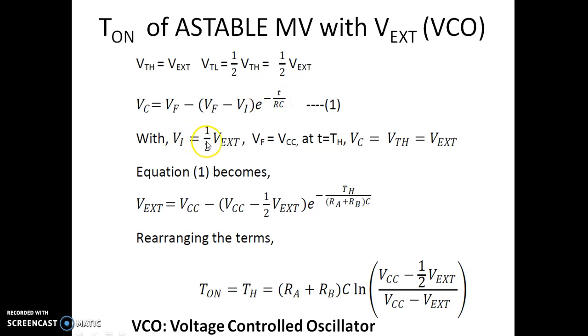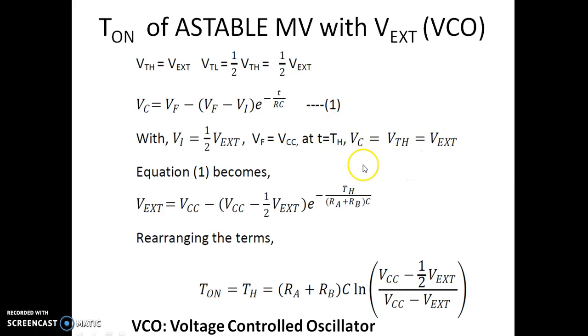Now the initial voltage VTL is not 2/3 VCC, it's actually half of external. The final voltage is VCC, and at t equal to TH, the capacitor will reach VTH. Here VTH is not 2/3 VCC, it's actually V external.